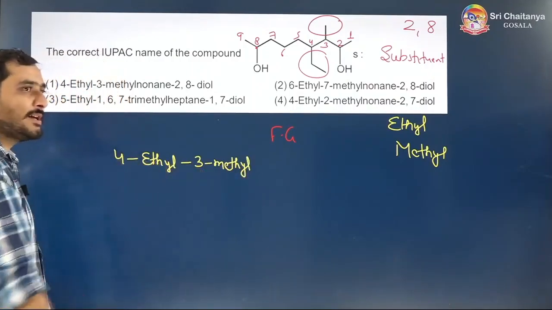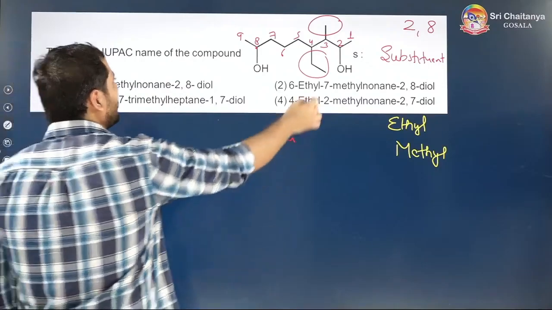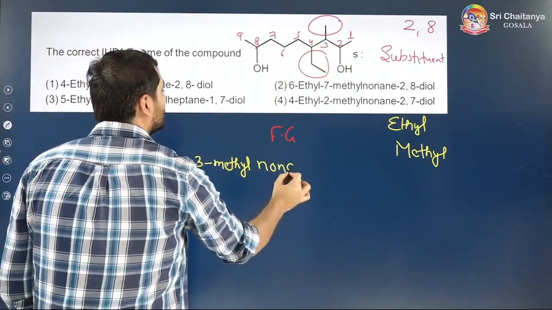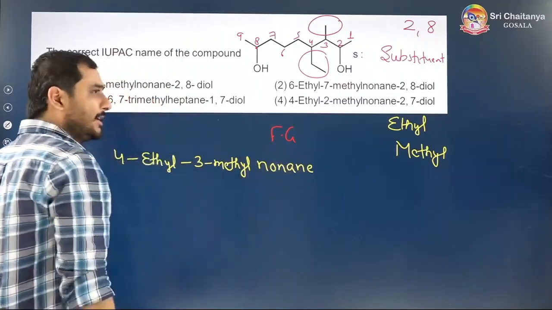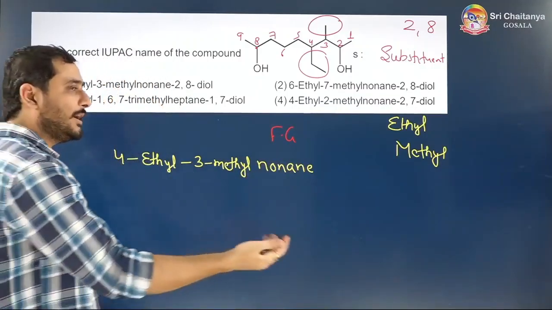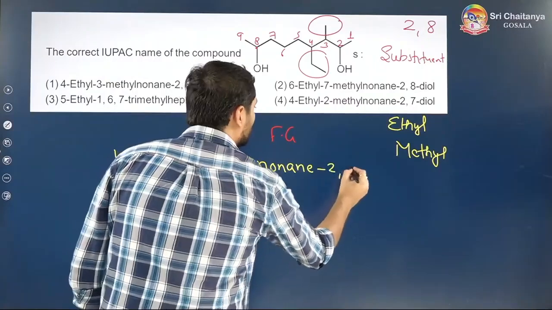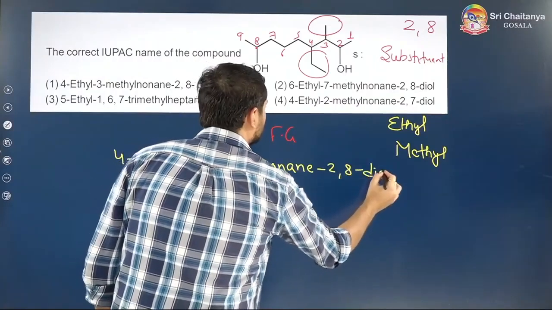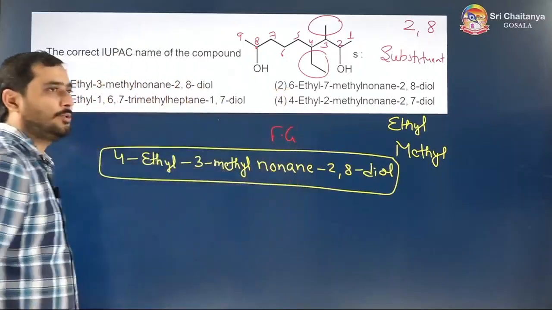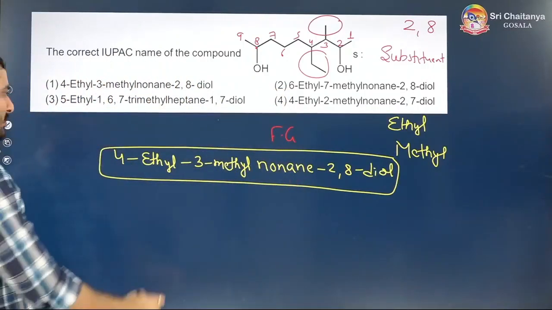So these are the names of substituents. Then we have to write the parent chain. The parent chain contains 9 carbon atoms, and it is all single bond, so ane. Now this E is not removed because how many OH groups are present? 2. We have to write diol. So it is 2,8-diol. So this will be the IUPAC name. So which option is correct?